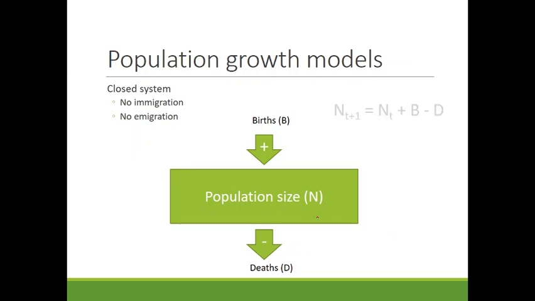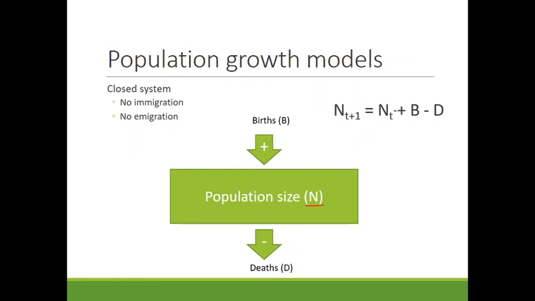So, population size is going to equal N, right? So this N number is that population size. So N sub t means the population at some time t, plus the number of births minus the number of deaths equals that next time step. So let's say for white-tailed deer or something, we have a 1 year time step. We know that they always have babies every spring.